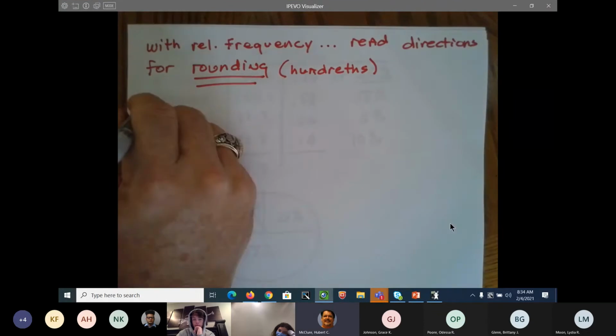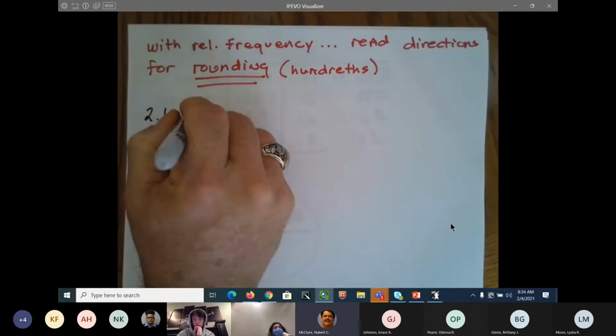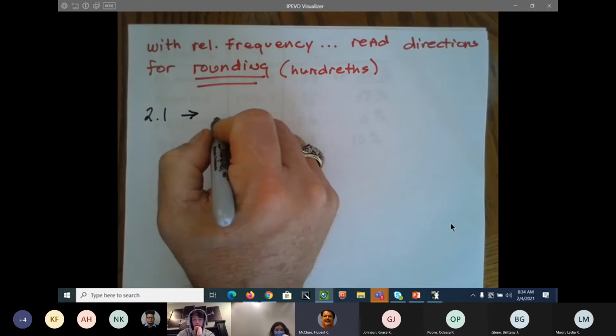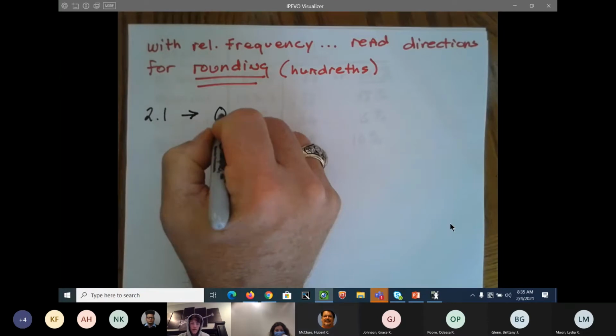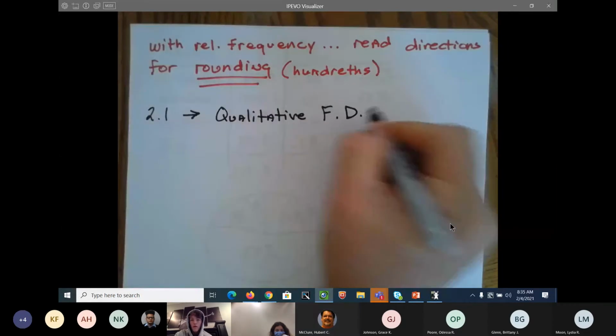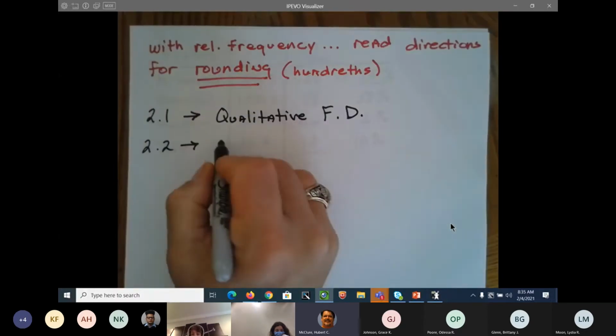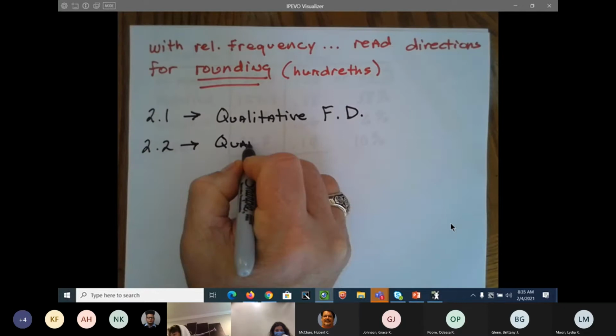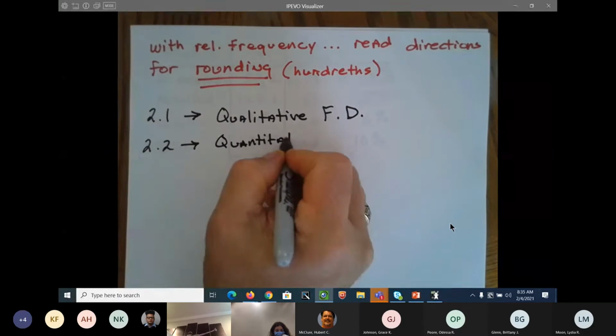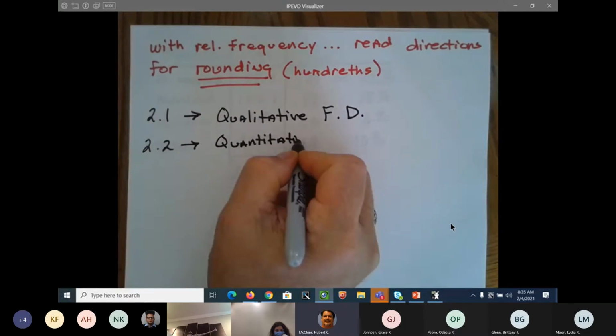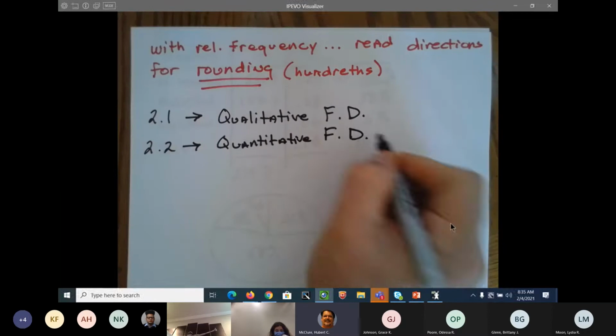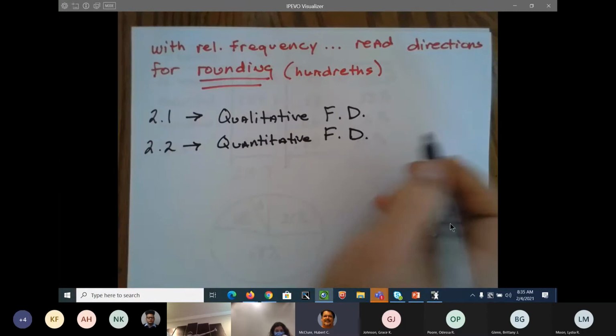In 2.1, we viewed qualitative frequency distributions. In 2.2, we're going to look at quantitative frequency distributions.